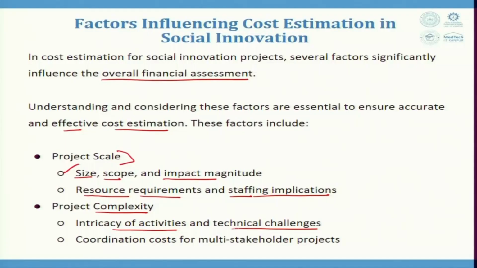You reach them, then languages have to be provided, Hindi, maybe Marathi in Maharashtra, maybe Tamil in Tamil Nadu. So, different kinds of languages are to be put there. These technical challenges are always there. Coordination costs for multi-stakeholder projects are always there, so that the project cost estimation is done efficiently.